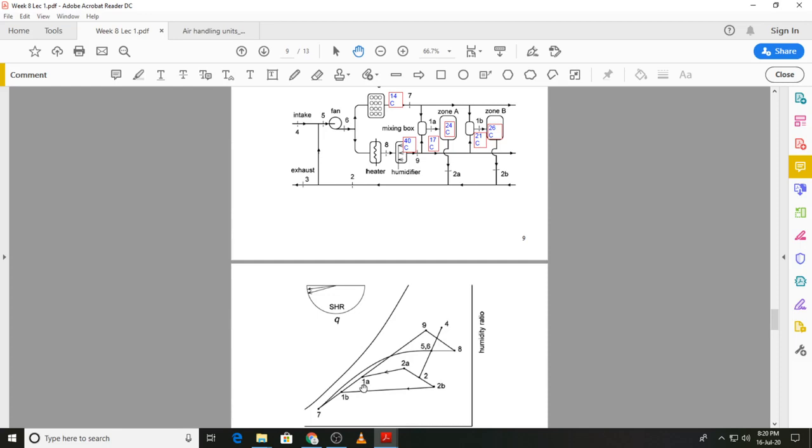According to this diagram, 1A is higher and 1B is lower. So this temperature, if it is 24, maybe this will be 22. We can change that value.